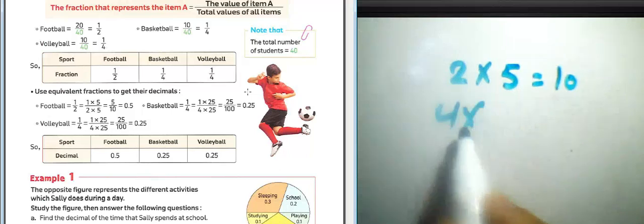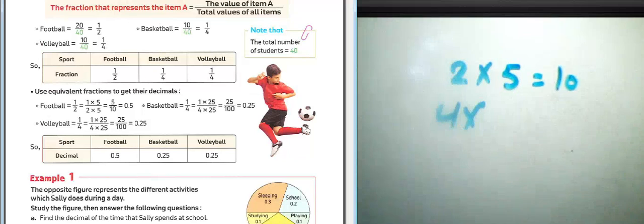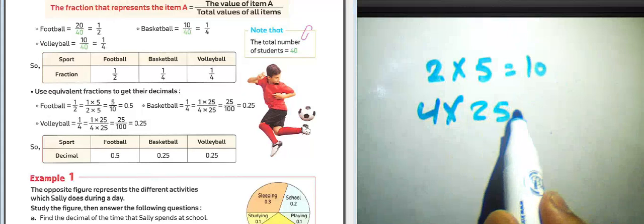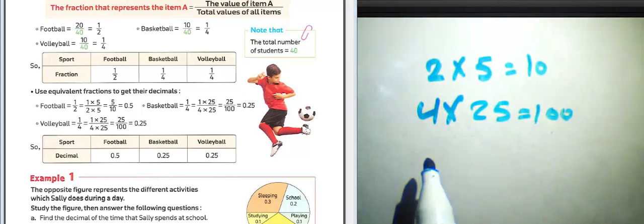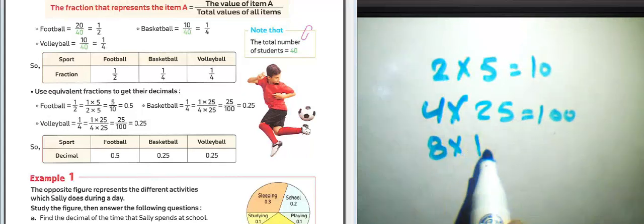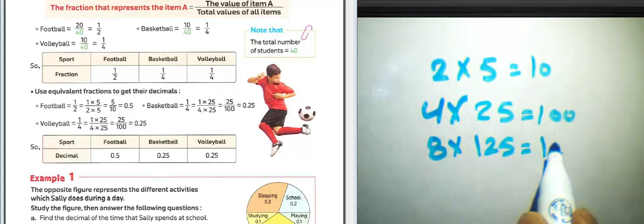If we have 4, we must multiply by 25, because 4 times 25 equals 100. And if we have 8, 8 multiplied by 125 equals 1000. You must know these properties about conversion.